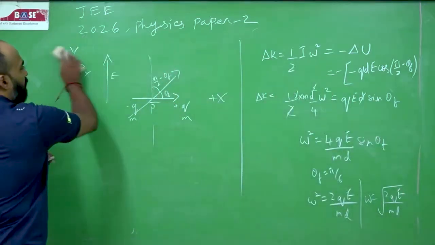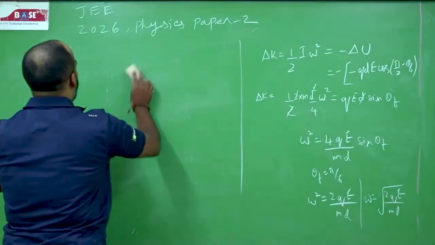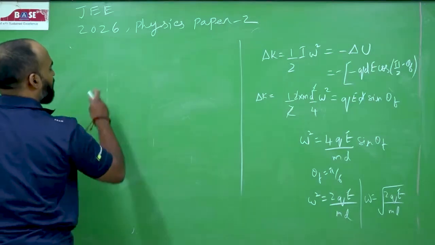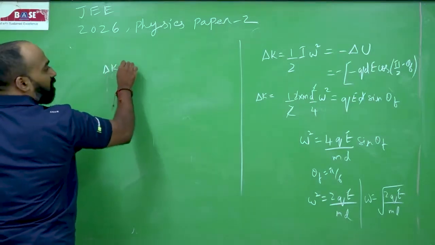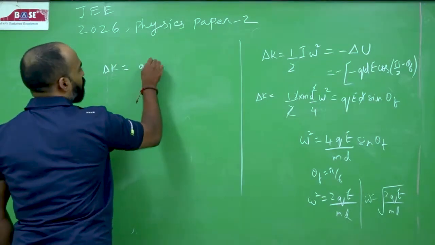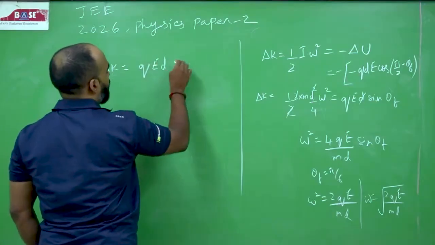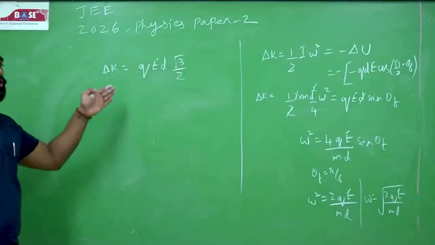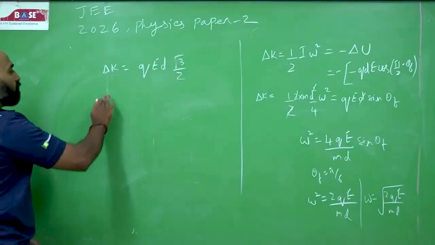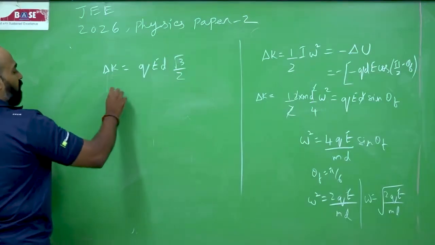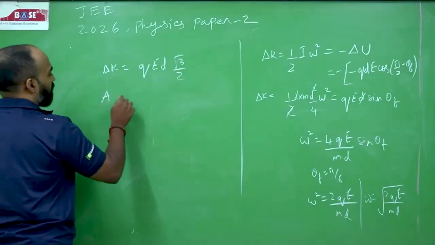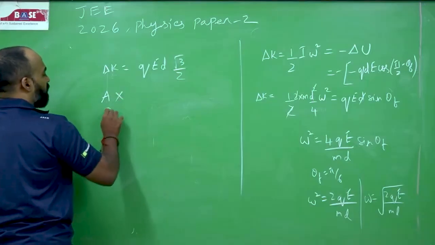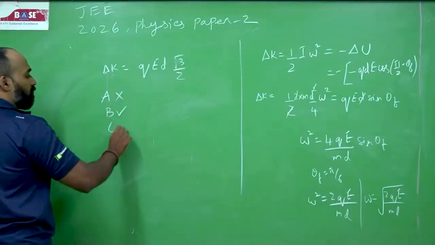And then option C says theta f is pi by 3. In that case, the change in kinetic energy will be QED sine pi by 3, which is root 3 by 2. But in the options it says 2 root 3. So that option is also not correct. So far, A wrong, B correct, C is also wrong.